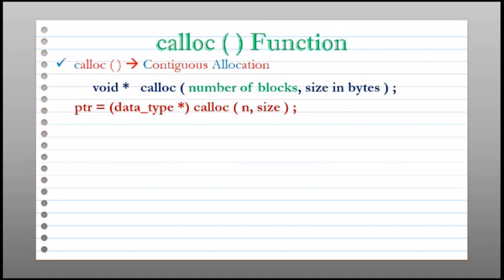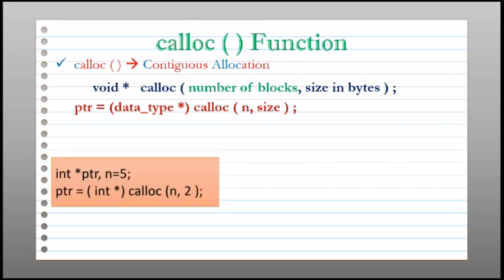We will see one example based on this. Here we have declared one pointer variable of type integer and one normal integer variable n. Then by using the calloc function, we will allocate n number of blocks in memory.